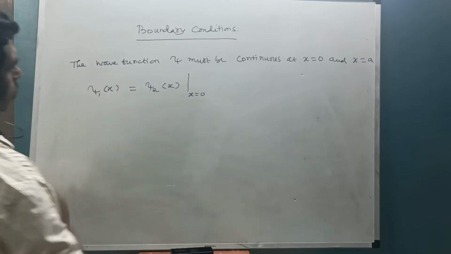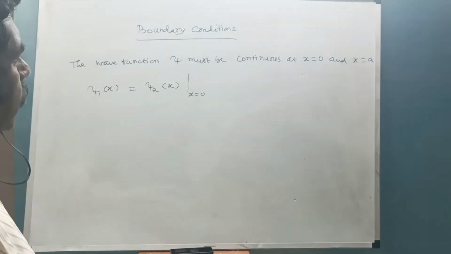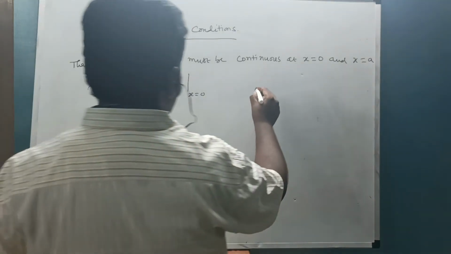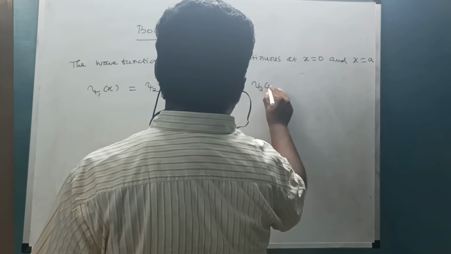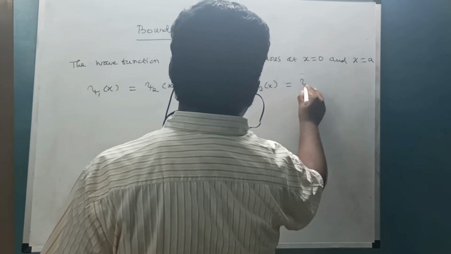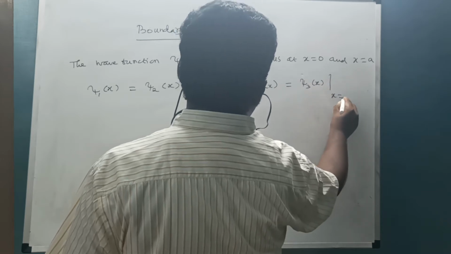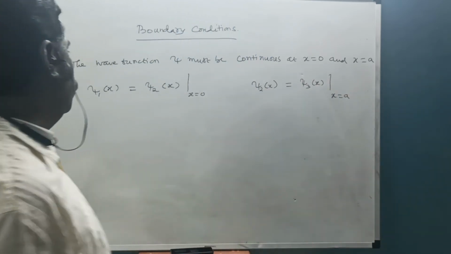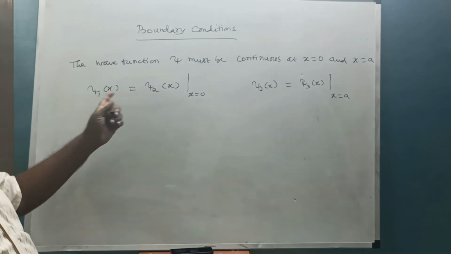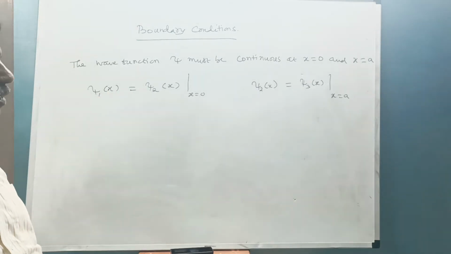This is one case. And another case is psi 2 of x equal to psi 3 of x at x equal to a. Because at x equal to 0 we have to consider the two wave functions psi 1 and psi 2.